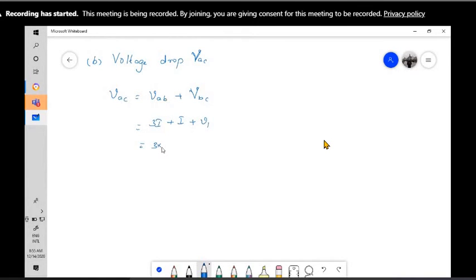Now, we have already found this I to be 2 ampere. So this will be 2, plus this is given in the question, V1 is given as 15. So ultimately, you will get 23 volt.